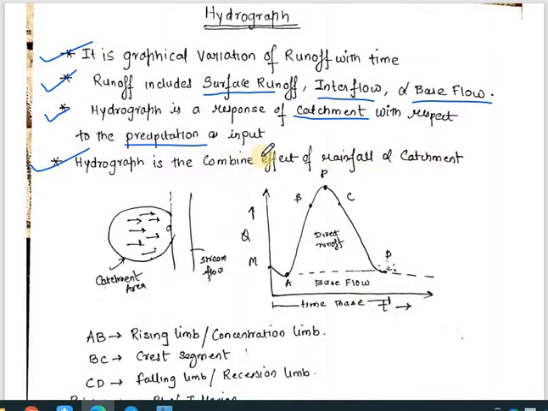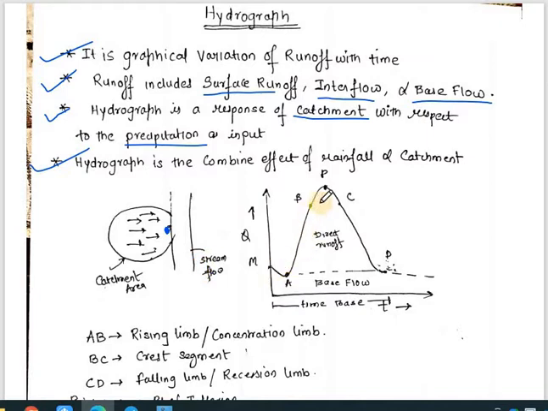In this, I've shown you a diagram over here. In this there is an area in which the rainfall is happening, and the water goes through the catchment and ultimately reaches a stream. Over here a gauge has been provided where the discharge is measured. Based on the amount of water reaching this gauge, a graph has been plotted.